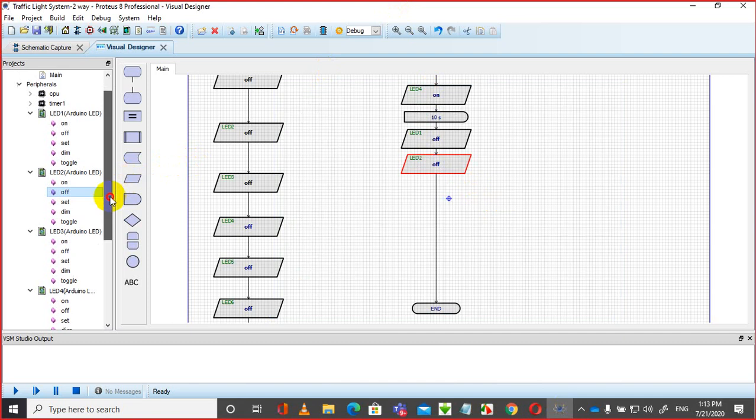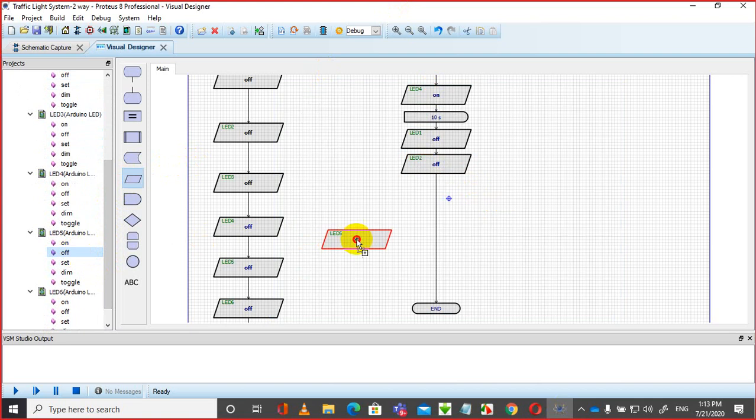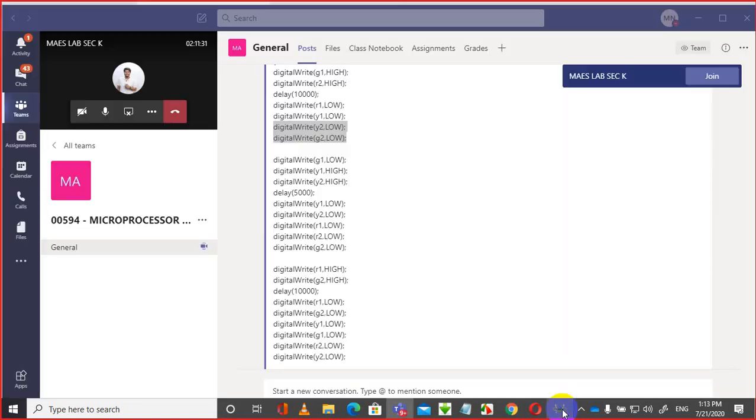Second lane lights are 4, 5, and 6. This is the yellow is off and green is off, light number 6 of second lane.